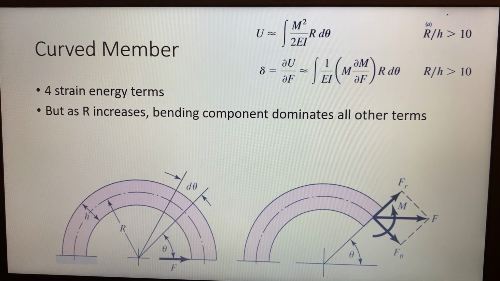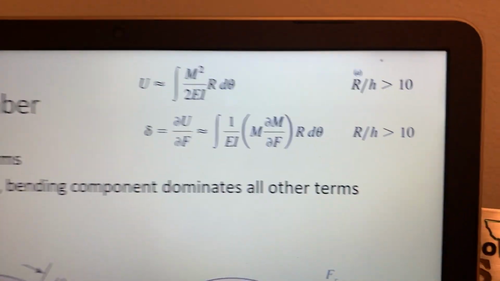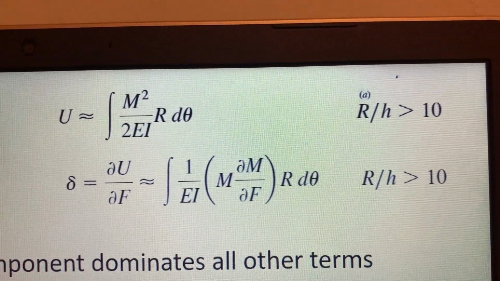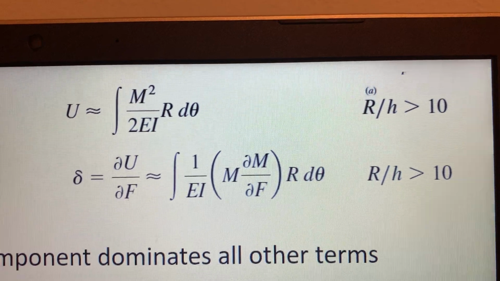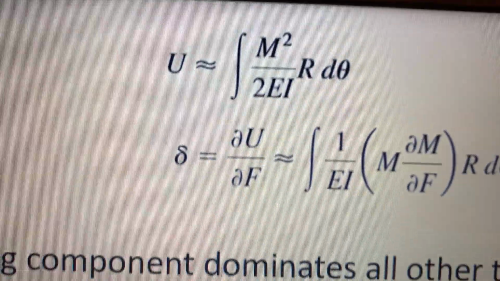However, as R increases, the bending component dominates all other terms. So we get these equations here, R over h greater than 10, for the strain energy and the deflection.